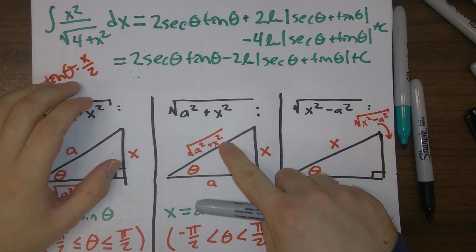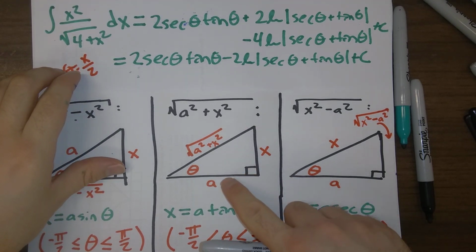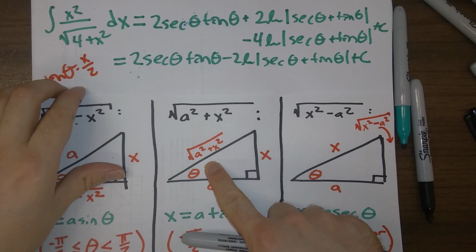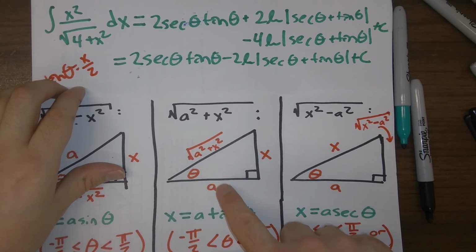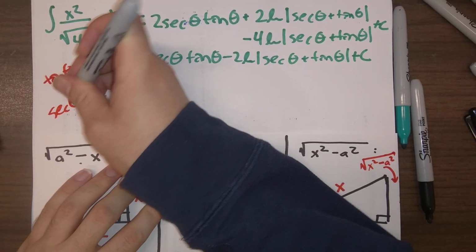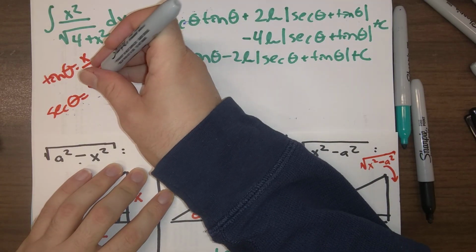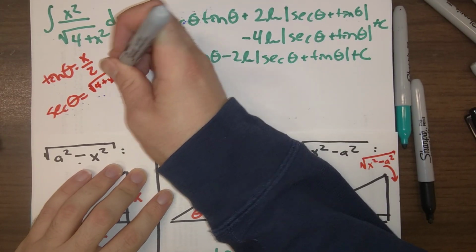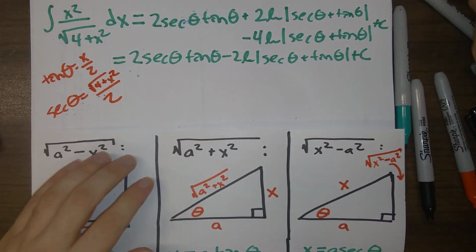Secant theta is 1 over cosine. Cosine would be a divided by square root a squared plus x squared. So the reciprocal of that would be the square root of a squared plus x squared divided by a. And so secant theta would be square root of 4 plus x squared divided by 2.